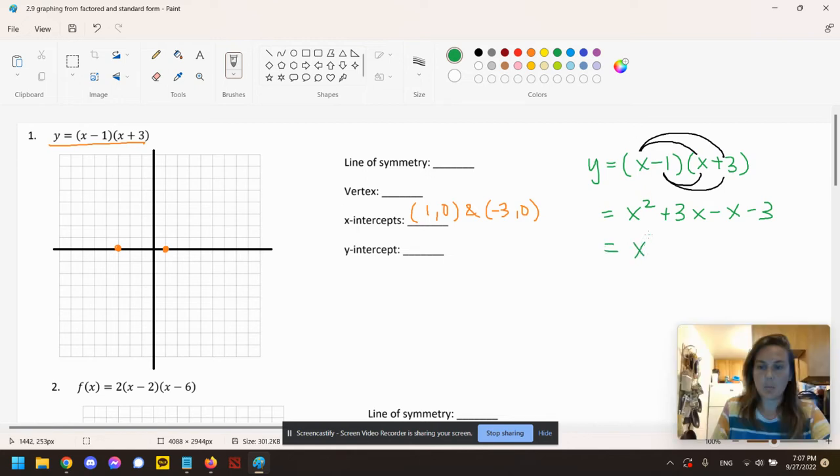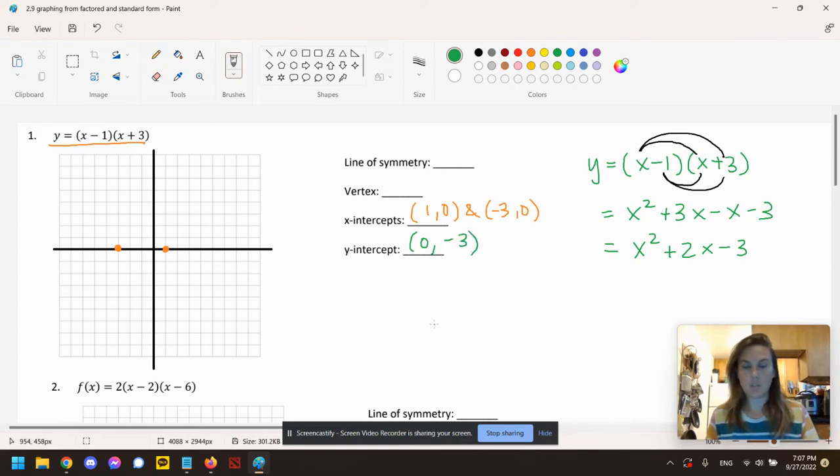Then I clean it up, and by that I mean 3x minus x is positive 2x. This is my standard form, and right away from my standard form, I can tell you my y-intercept. It's always the last number on the standard form. Then I can go ahead and plug that number in as well. Perfect.